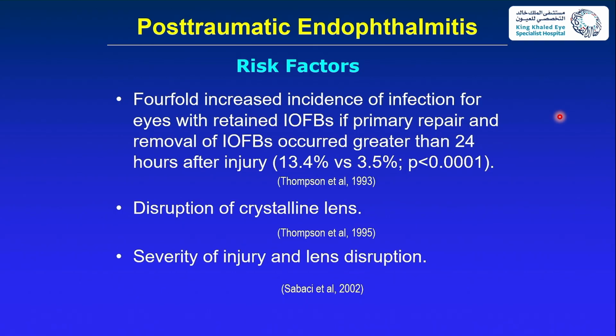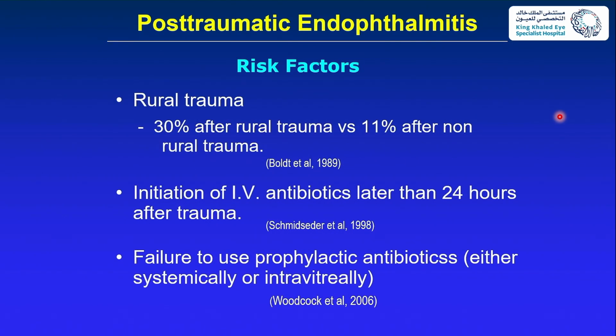Another very important risk factor, which we showed in our study, is disruption of the crystalline lens. If a patient comes with an open globe injury and the lens capsule is opened, it is a risk factor. Of course, also severity of injury and lens disruption. One of the most important risk factors is trauma in a farm, or rural trauma.